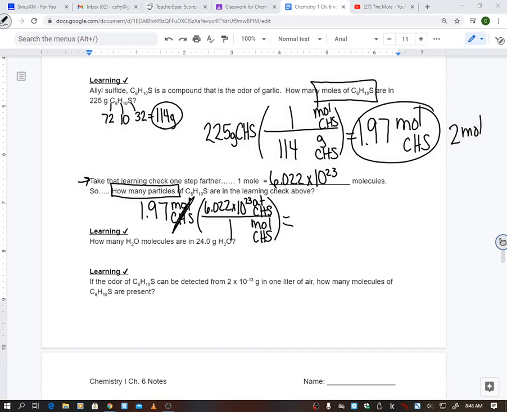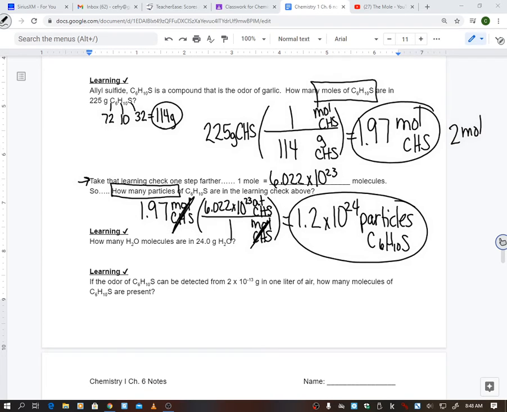I know that these cancel out through division, and this is 1.2 times 10 to the 24th particles, atoms, molecules, whatever you want to write, of C6H10S. So basically what I did is a 2-step problem. I did the first step here, I did the second step here. Now normally, what I'm hoping to get you used to is doing it all at one time.